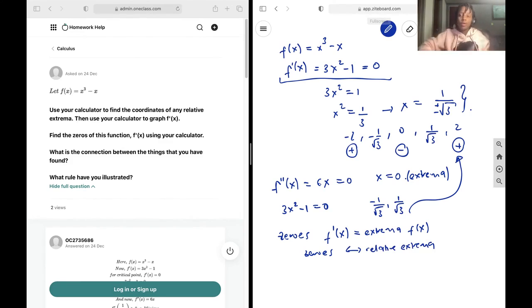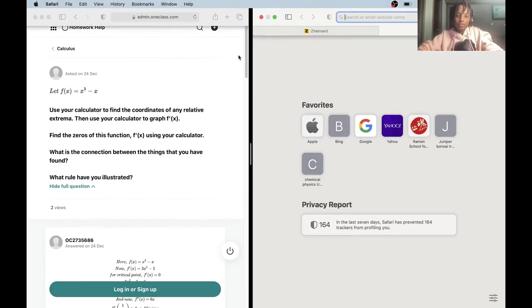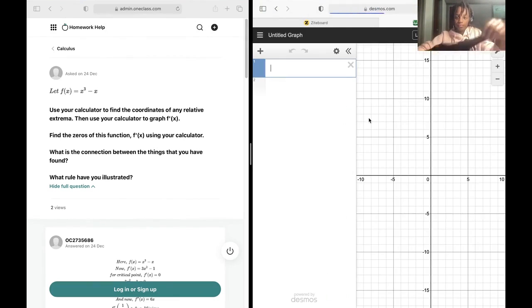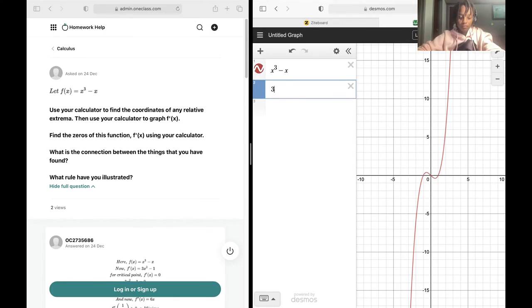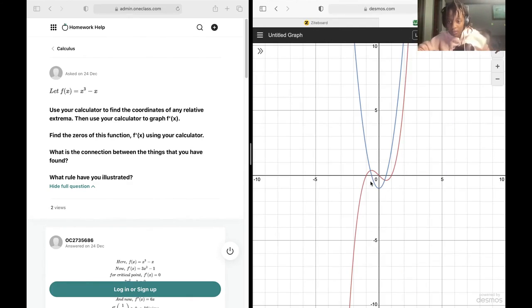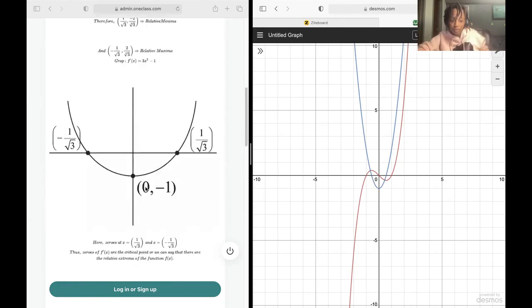If we just quickly plot the two on Desmos, you'll see it a bit more clearly. You can see that the zero here is the turning point, and the zero here is again the turning point. And that's it for this question.